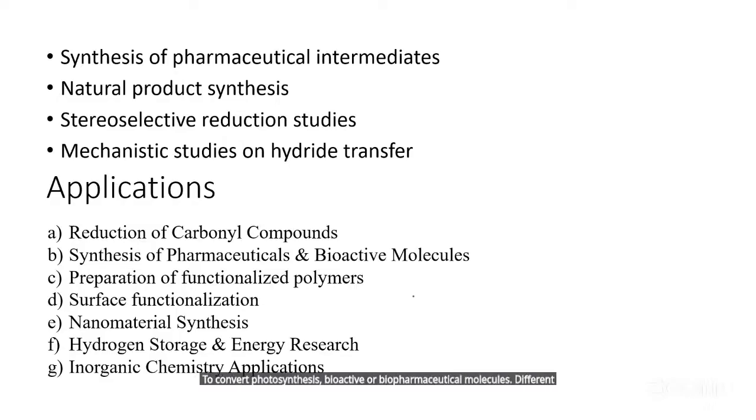Different polymers are prepared using reduction with lithium aluminum hydride. Simple applications include surface functionalization, and most often nanomaterial synthesis, like mononanomers, where one metal is used in the synthesis.